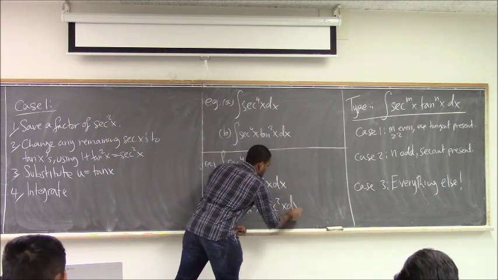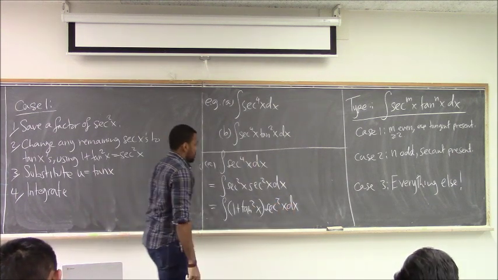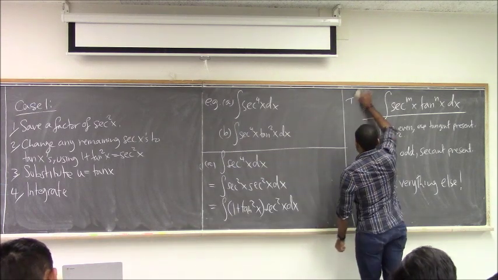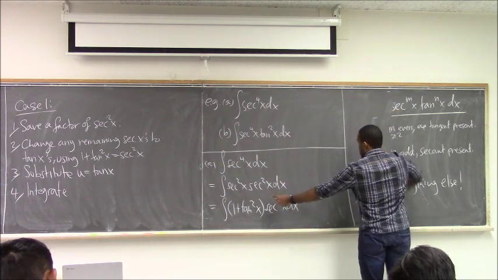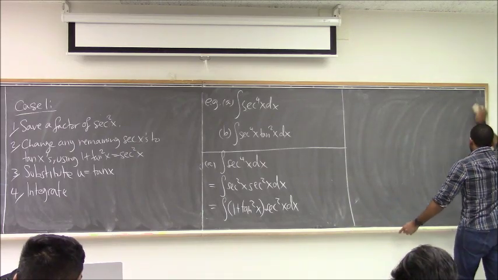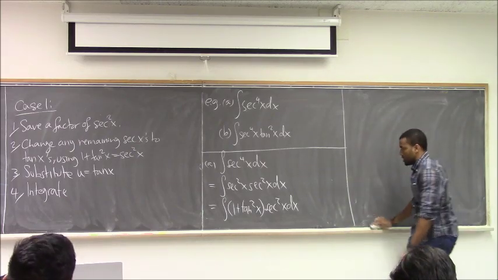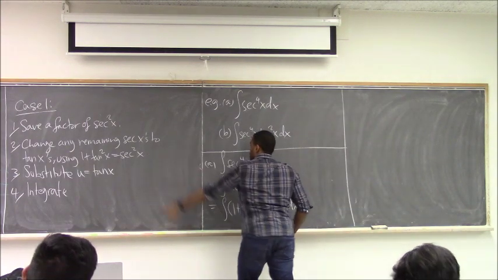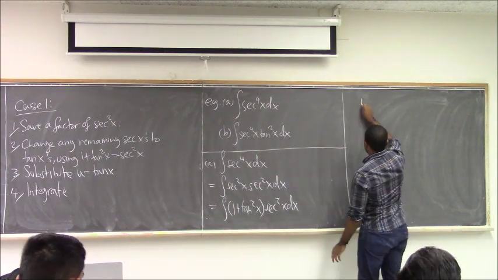Now you make the substitution u equals tan x, because the derivative of that is secant squared. So you save a factor of secant squared, just factor it off and have it sit there. Any other secants around, change them to tangents using the identity that I mentioned here, and then u equals tangent.